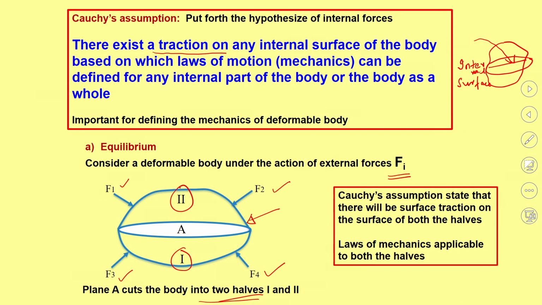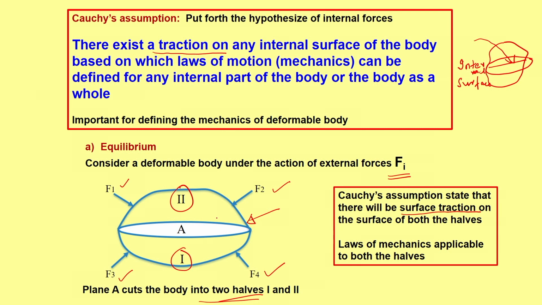Now, according to Cauchy's assumption, there will be a surface traction. Traction means a kind of stress or a force. There will be a surface traction on the surface of both the halves. So, if you consider half 1 or half 2, there will be a surface traction which gets developed, and the laws of mechanics are applicable to both the halves.